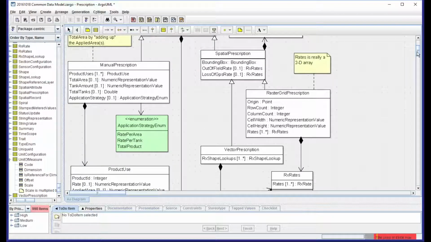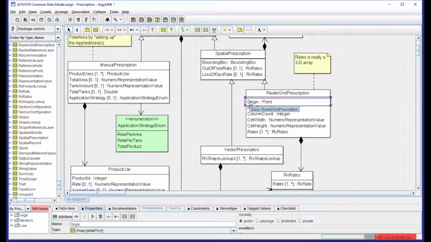The raster grid prescription is quite similar. The way that works, though, is that we're saying first what our origin of coordinates is. So that is a point which has a latitude and longitude. Then we're going to have a certain number of rows and a certain number of columns in that grid.